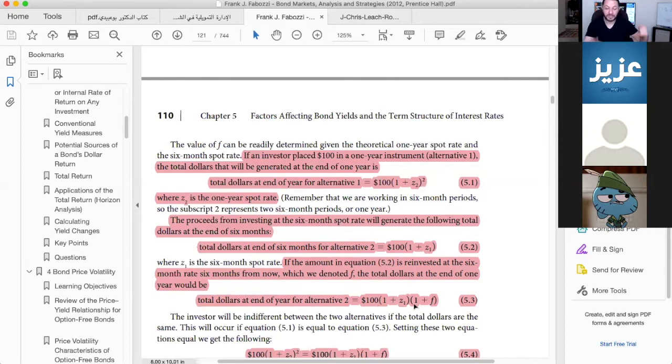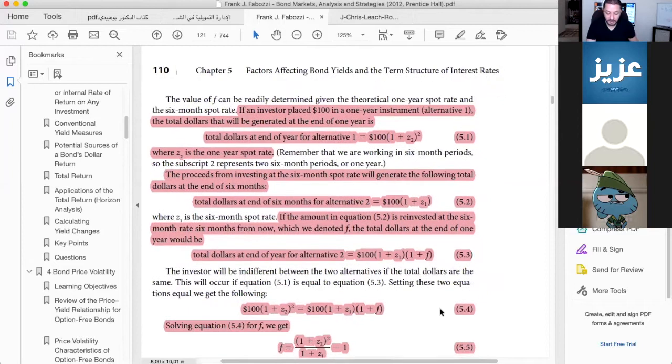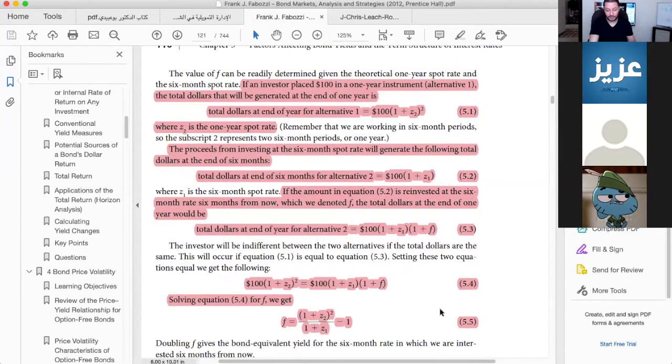Then it will be reinvested for the next 6 months until reaching 1 year at the rate F. Now at the equilibrium, we should have 5.1 equal to 5.3, which means that the investors will have the same amount of money by the end of the time horizon. So 100 times 1 plus Z2 power 2 equals 100 times 1 plus Z1 times 1 plus F, which means that 1 plus F is equal to 1 plus, so we can simplify by 100, see?